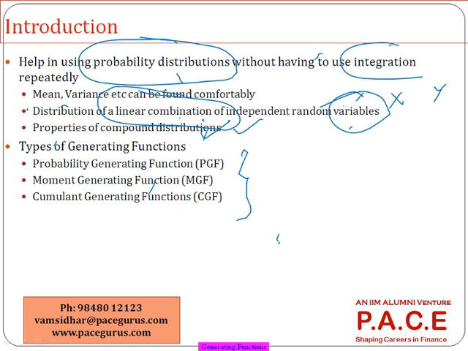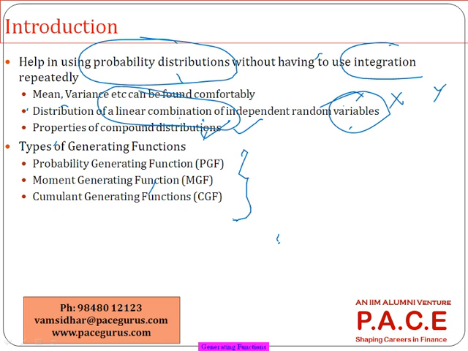The MGF formula will be there for all the common distributions, like your normal, gamma, log normal, binomial, Poisson. For all those, you will see a moment generating function and even a probability generating function, because the cumulant generating function is not given. We'll see how we can derive the cumulant generating function from the moment generating function.